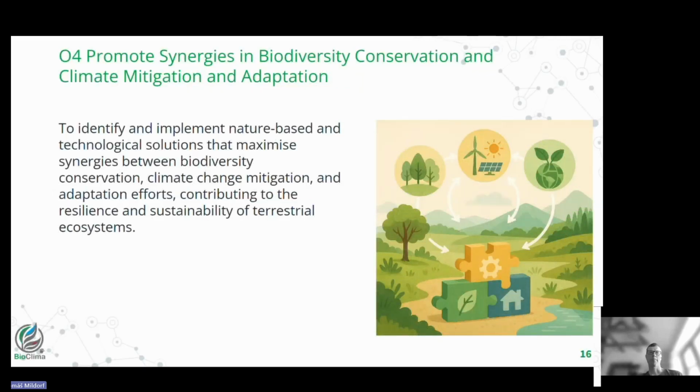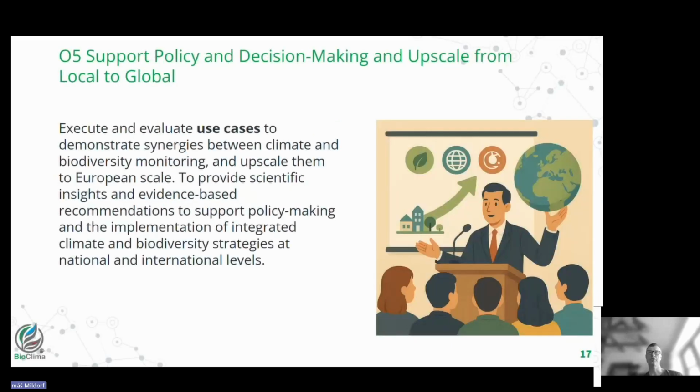The next one is support policies and decision making. We have multiple use cases, which I will also present briefly, but you will hear later on from colleague Yu from University of Twente. So we try to upscale from local to global, so from local analysis to go to global ones, and eventually to some decisions on international or global levels.